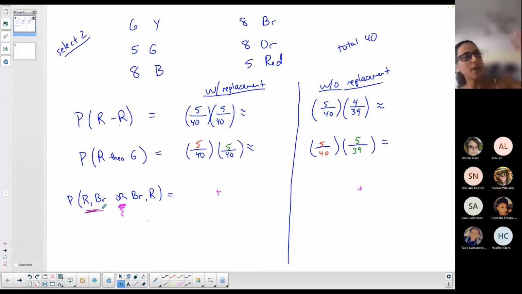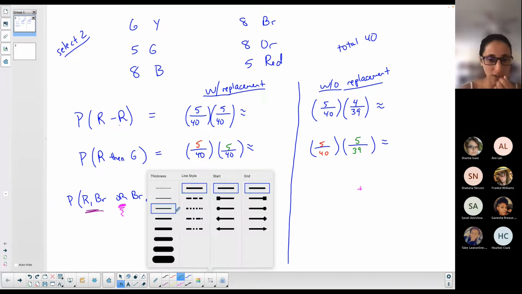But when I talk about this one over here, this is a red and then a brown, I'm selecting 2 just in that scenario, which implies multiplication. And then over here, I'm selecting 2 again, and that implies multiplication. And I still want to add the 2 scenarios together. So I have a combination of the multiplication rule and the addition rule here.